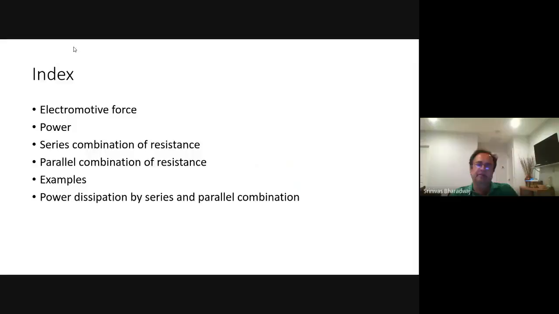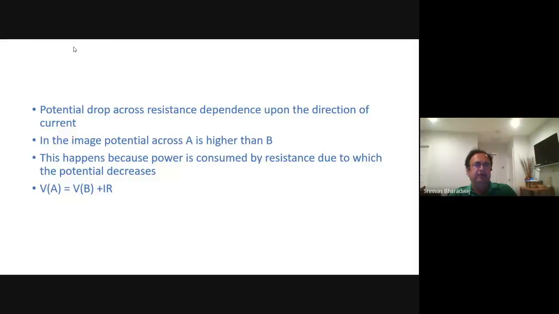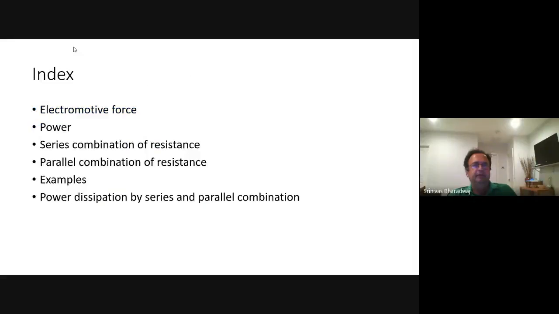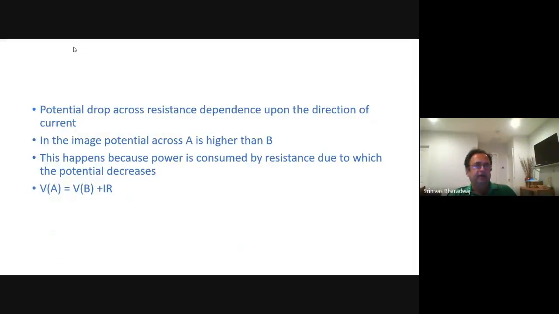Electromotive force, as we said, is the voltage of a battery, and it is a scalar. The power that it delivers is defined by V squared by R. Now the potential drop when you go once around the circuit, you end up with zero.